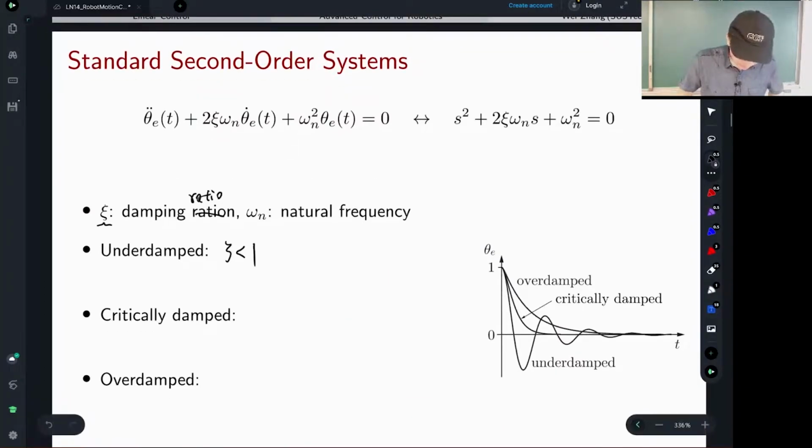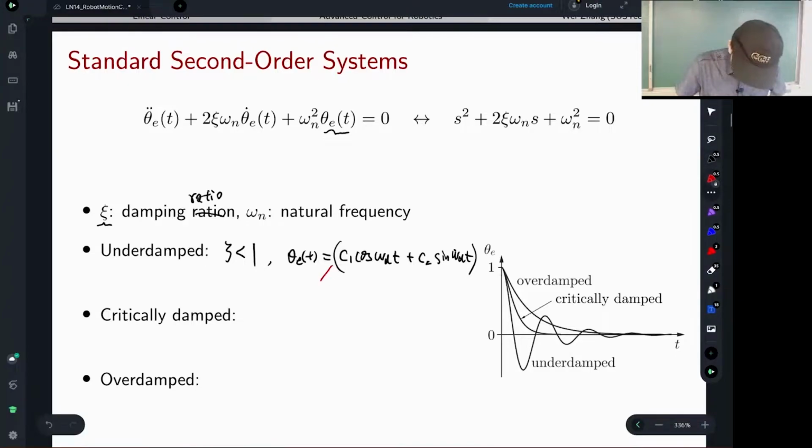In this case, the system response can be written as C1 cosine omega_d t plus C2 sine omega_d t, times the whole thing times e to the negative zeta omega_n t.